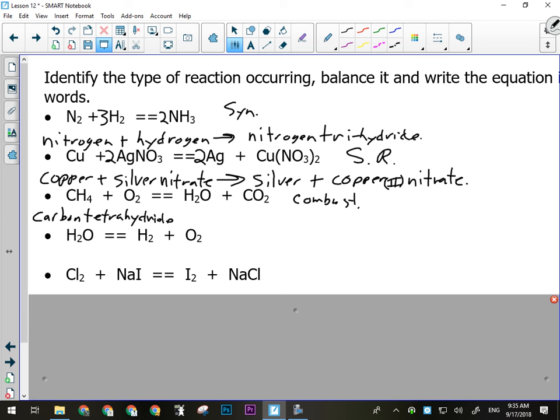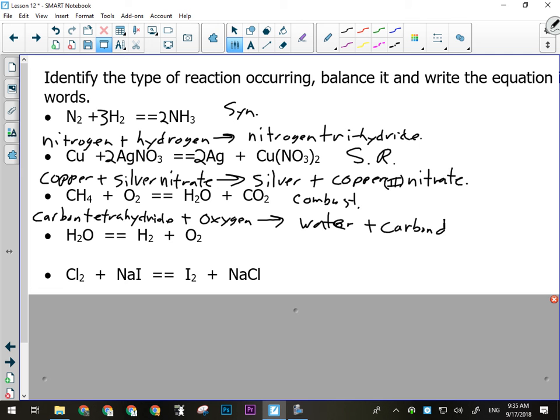Some of these can get beyond what we've talked about prefixes for. If that's the case, then I'll give you the name, or you can just write fuel, plus oxygen, and that's going to produce water, and please just write it as water. We don't need to get more complex than that. Plus carbon dioxide.